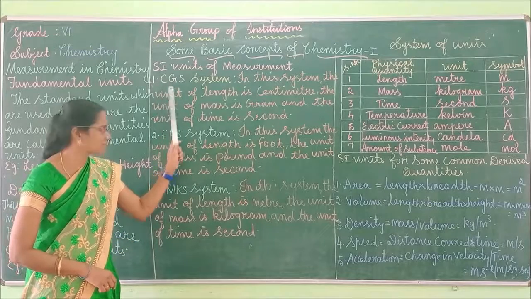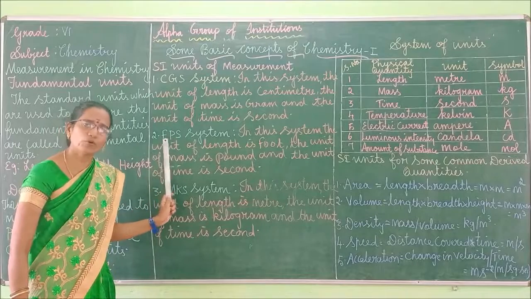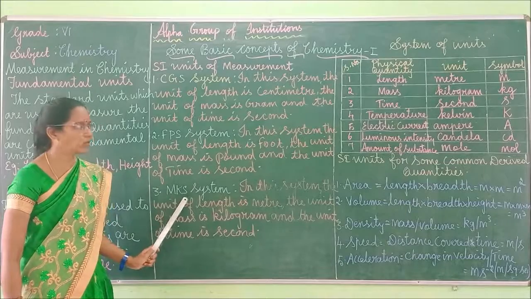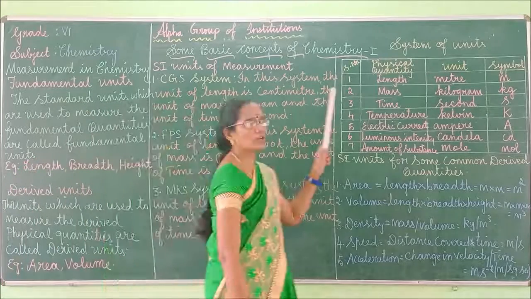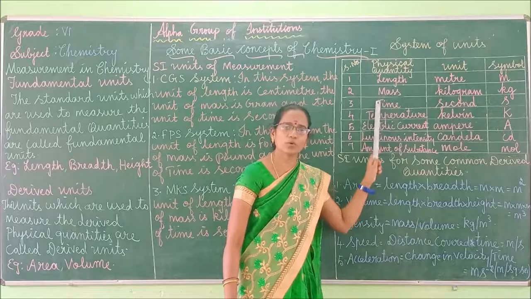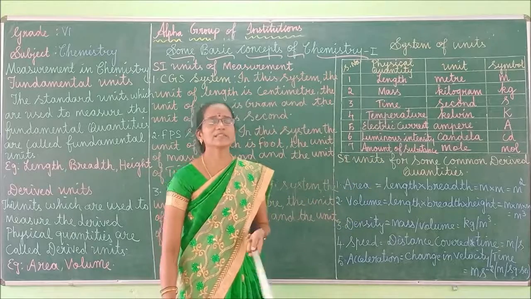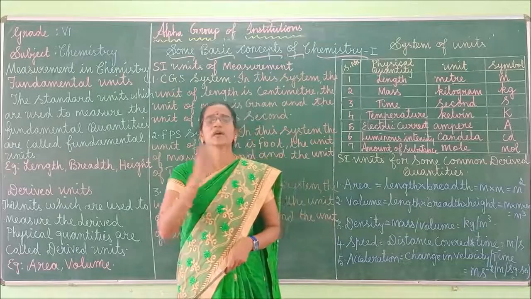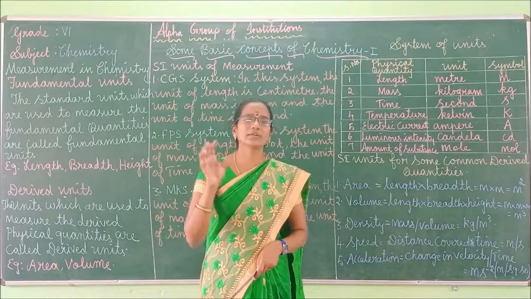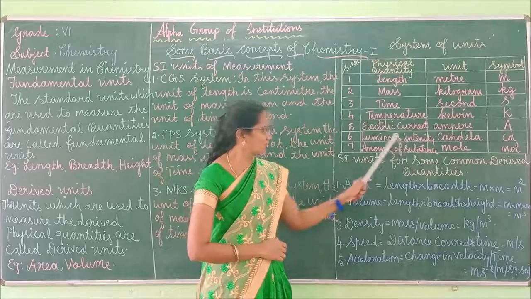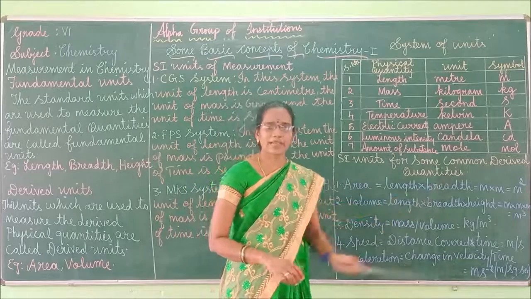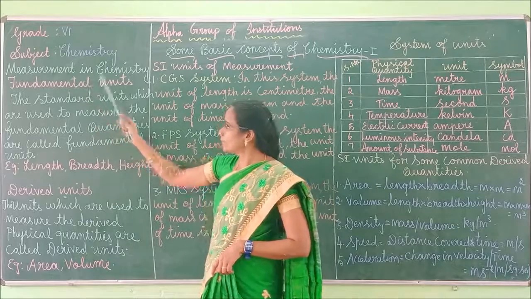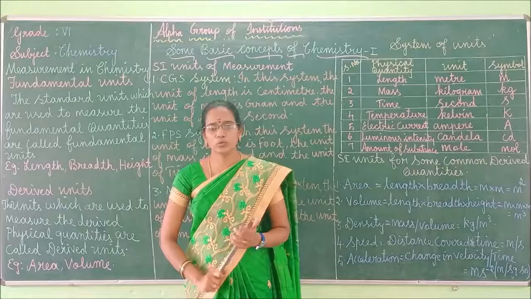CGS is centimeter gram second, FPS is foot pound second, MKS is meter kilogram second. And apart from that, in system of units, you should know about the fundamental quantities. What are the units for each and every fundamental quantity, and finally you should know its symbol. Okay. So next step followed by common derived quantities, and the basic thing is first you should know about the fundamental units and derived units.